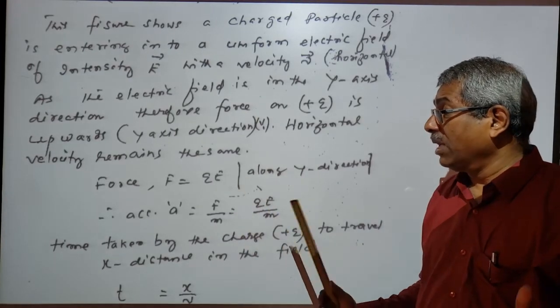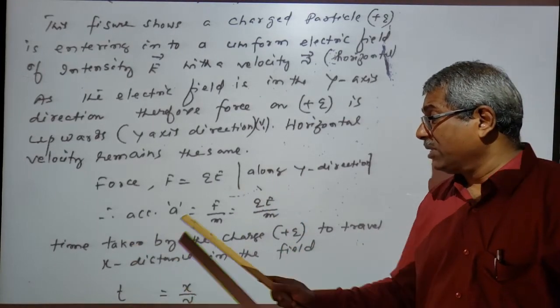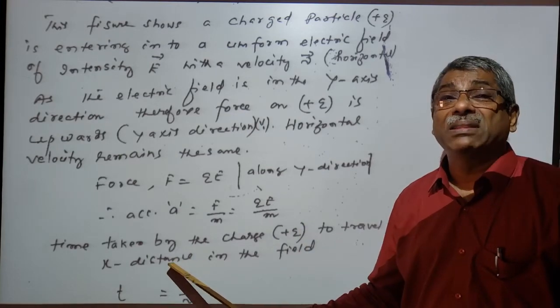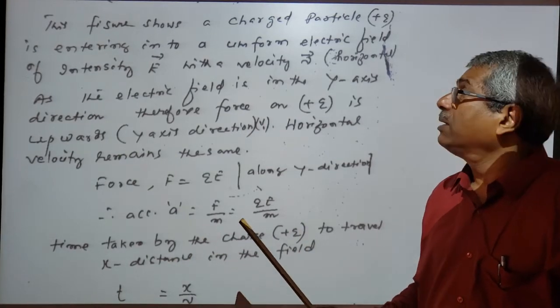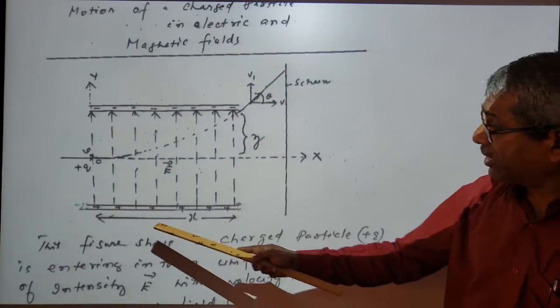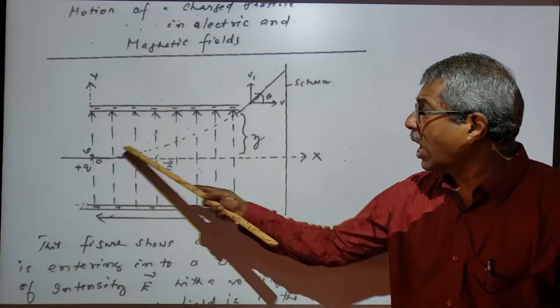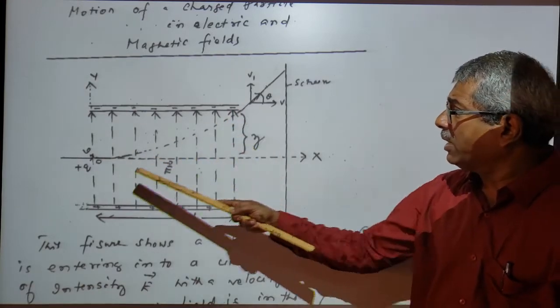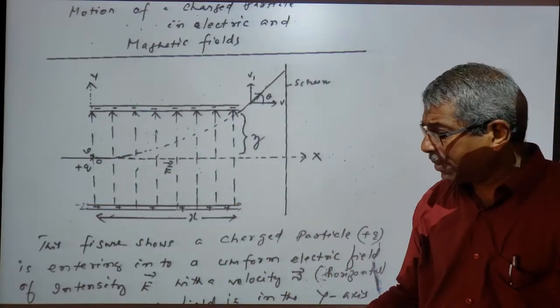Therefore, consider the time taken by the charged particle to cover the distance x. When it goes out along this path, it covers the distance x. What is the time duration?